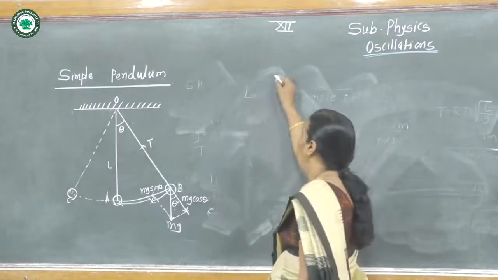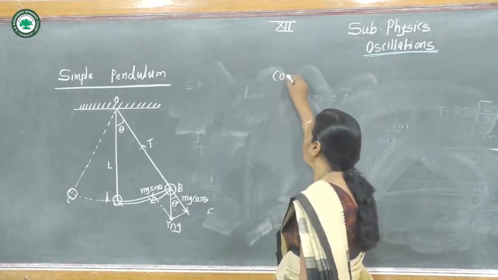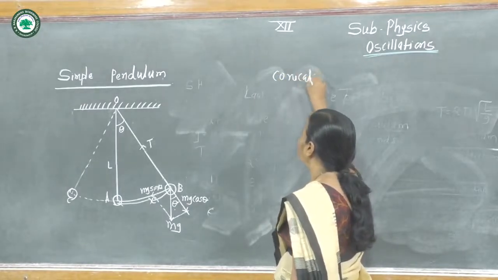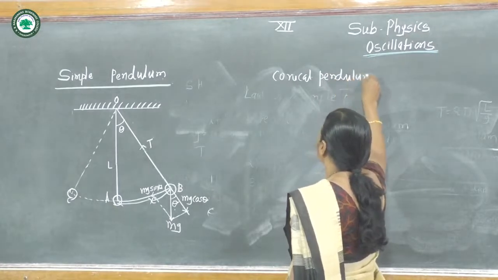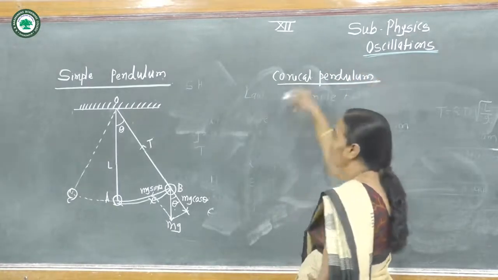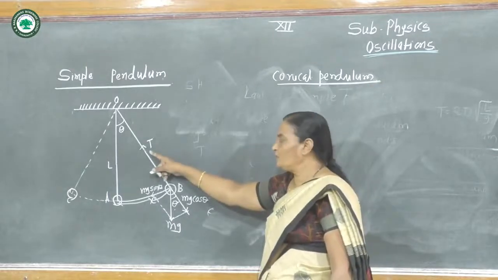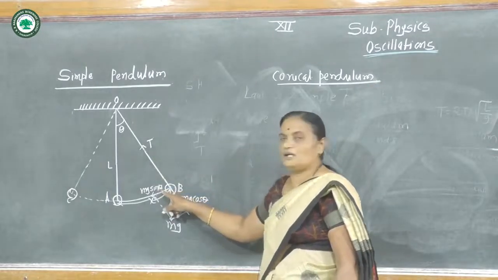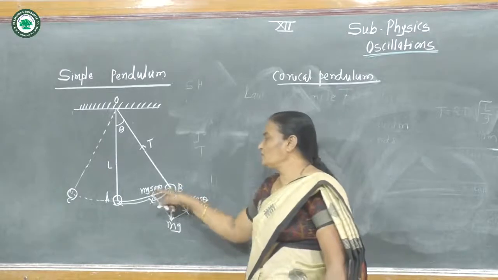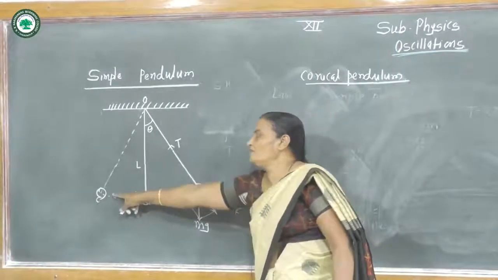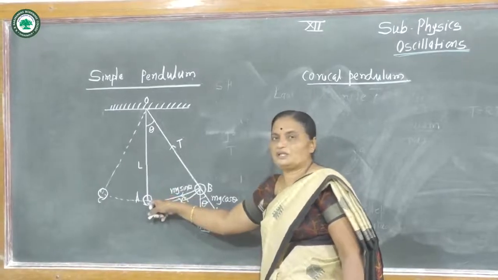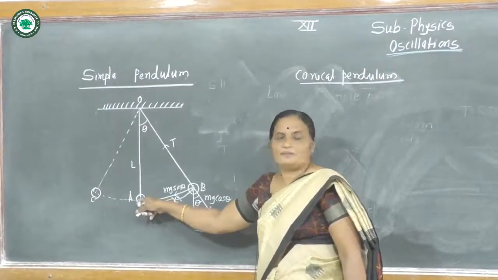In the simple pendulum, the motion is to and fro about the mean position.